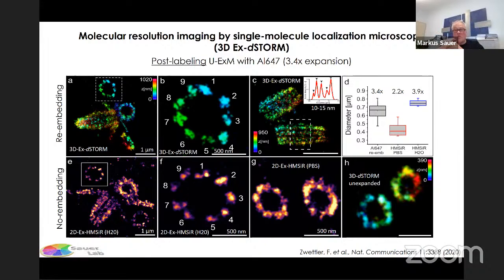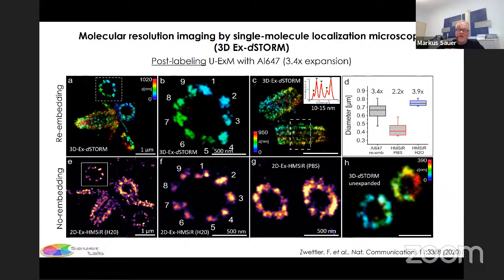The other way to go without using re-embedding is, for example, using a spontaneously blinking dye like this 2014 introduced HMSiR, the silicon rhodamine, which shows spontaneous blinking in PBS buffer pH 8.